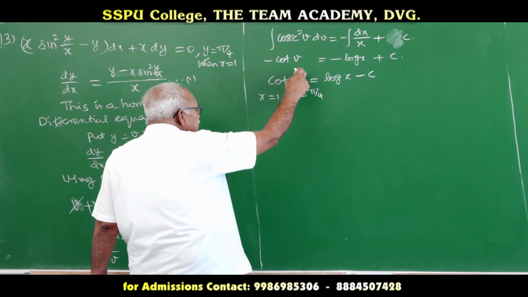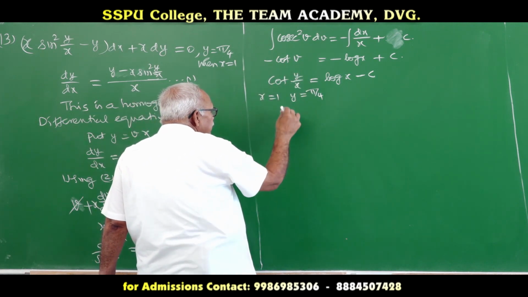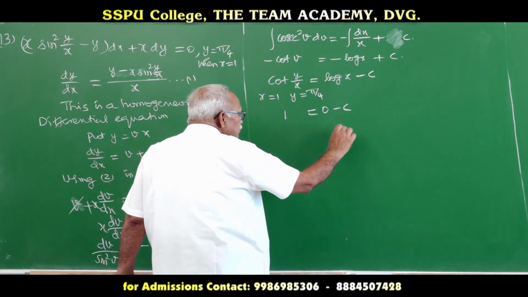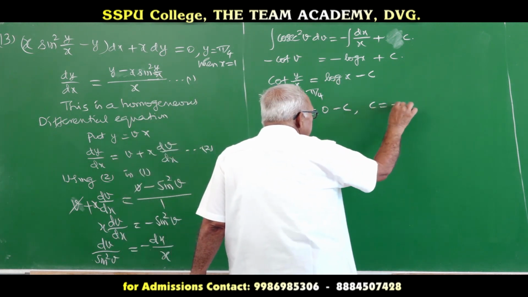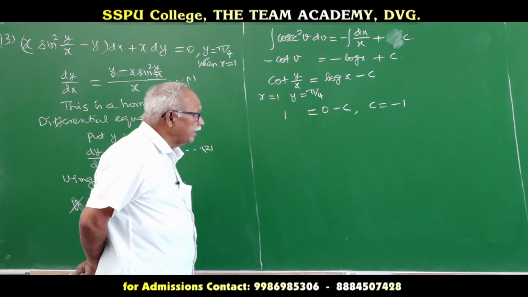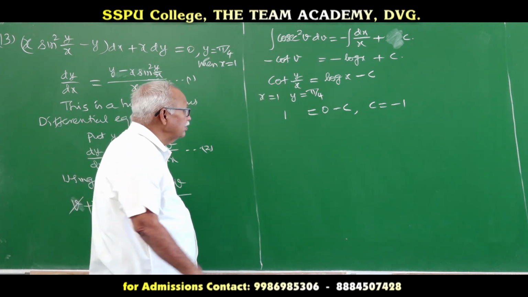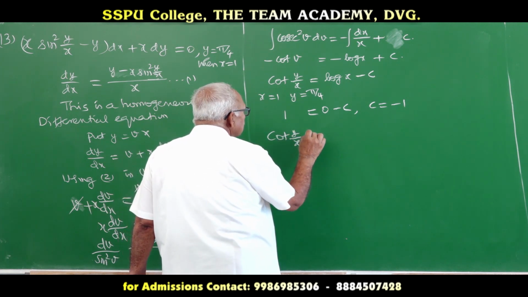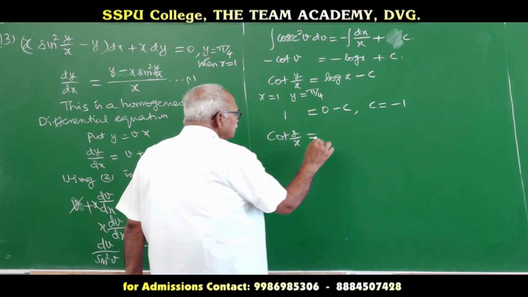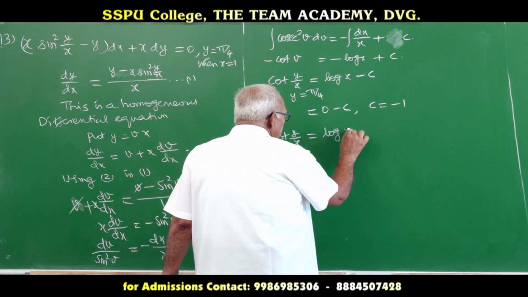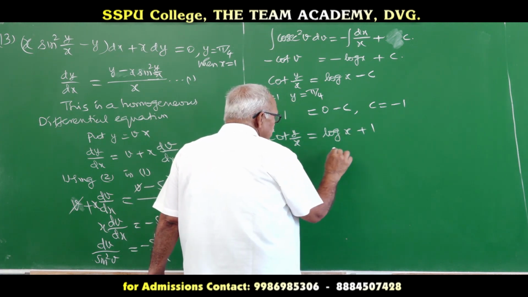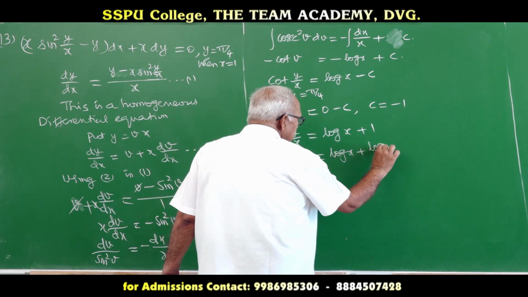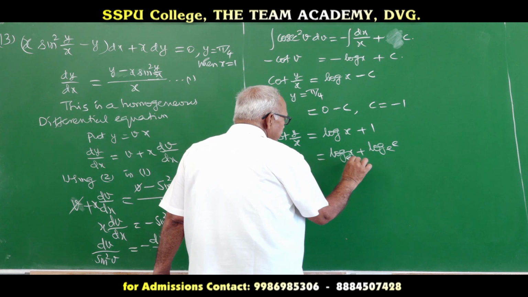Here what you get, cot pi by 4 is 1, log 1 is 0, so c is equal to minus 1. So the particular solution is cot y by x is equal to log x plus 1. So this can be written as log x plus log e to the base e.